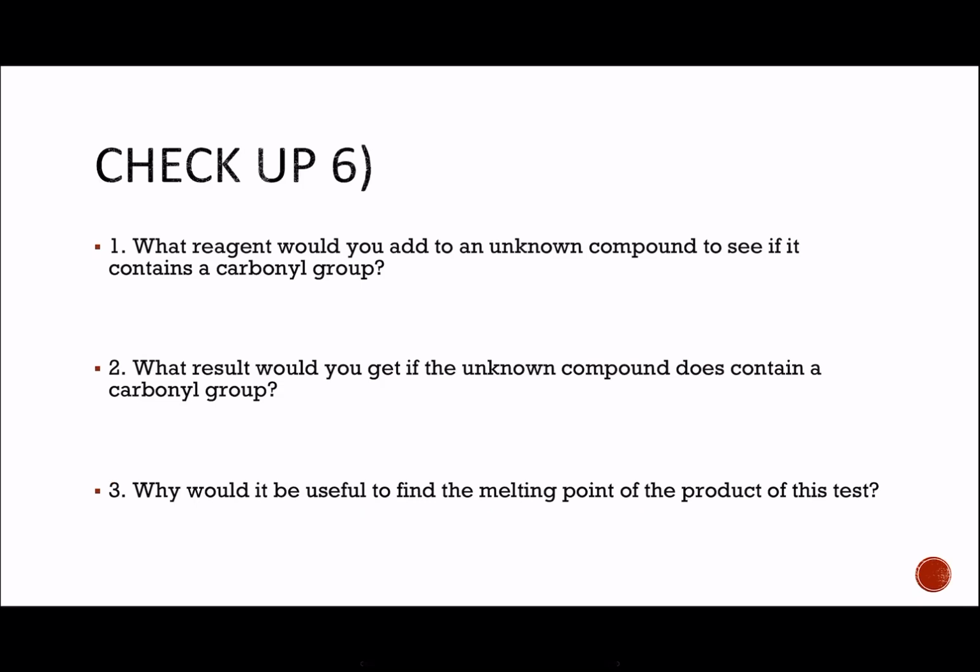So what would I add to an unknown compound to see if it contains a carbonyl group? Once again, 2,4-DNPH. What would I get if the unknown compound does not contain a carbonyl group? Colorless solution. And why would it be useful to find the melting point of the product of this test?